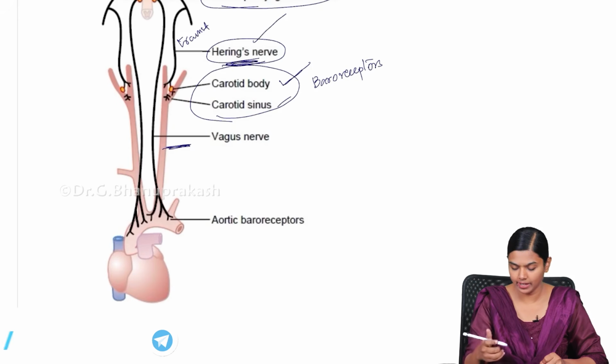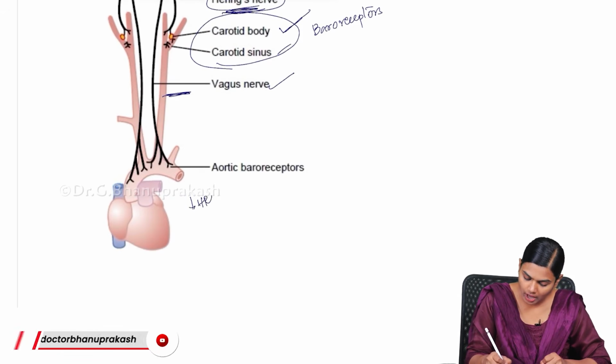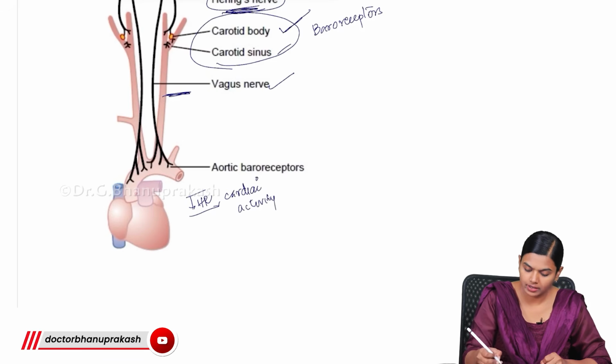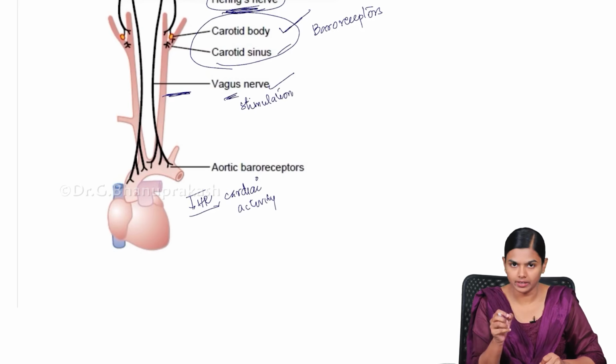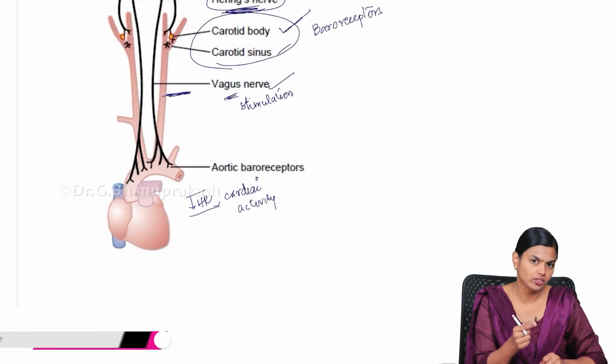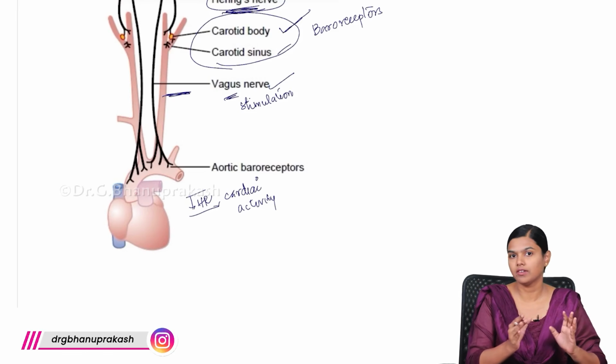When the vagus nerve is activated, it inhibits the heart. It reduces your heart rate and all your cardiac activity. The vagus is stimulated, and its action is inhibition of the heart, so we combine everything and say vagal inhibition.